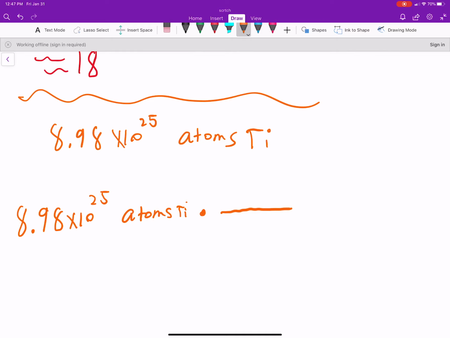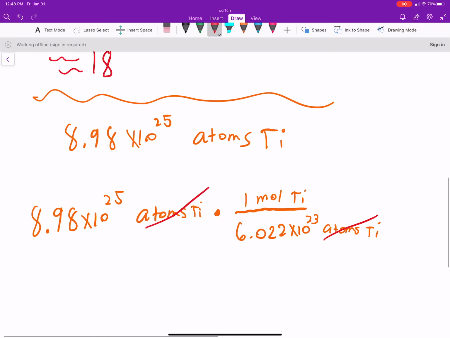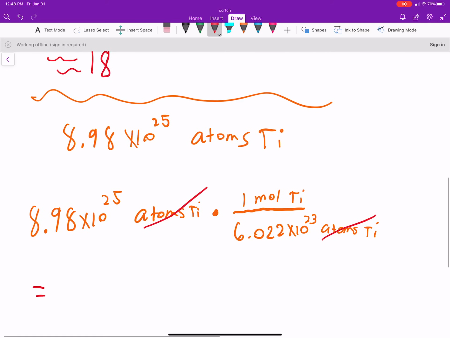Well, we know that 1 mole of titanium, which is what we want to look for, is 6.022 times 10 to the 23rd atoms. Okay, we can see here that your atoms drop, and if you put this in your calculator, you should get 149 moles of titanium.